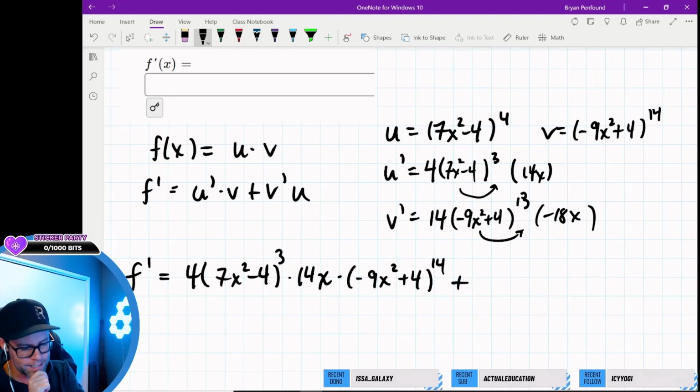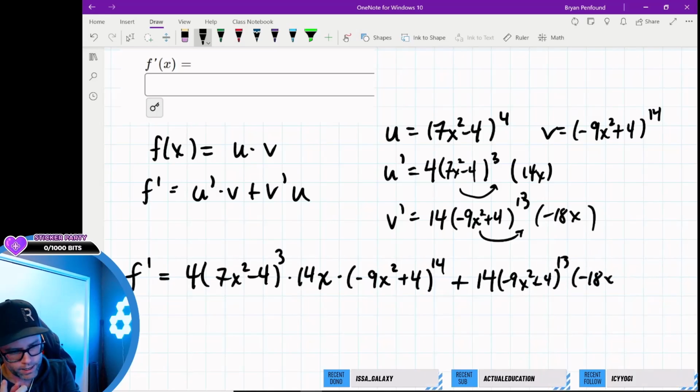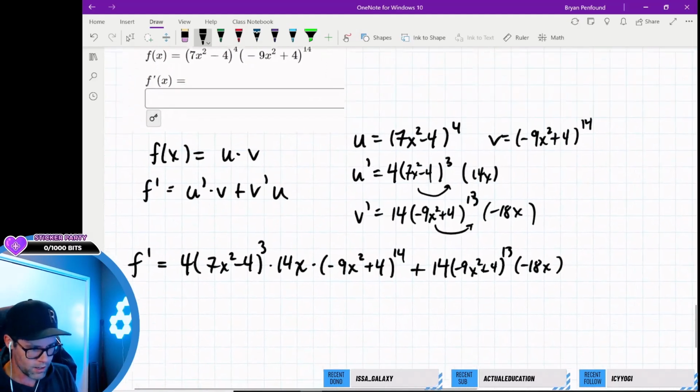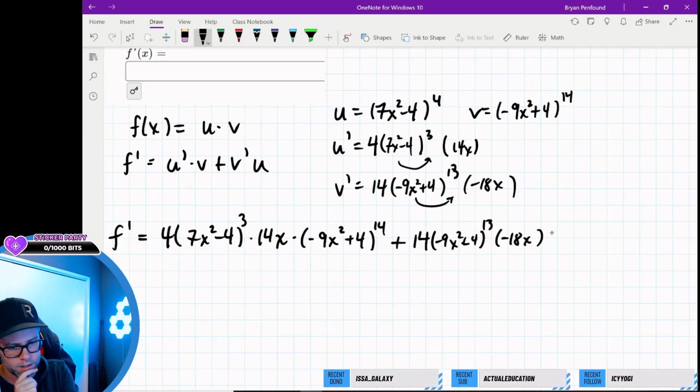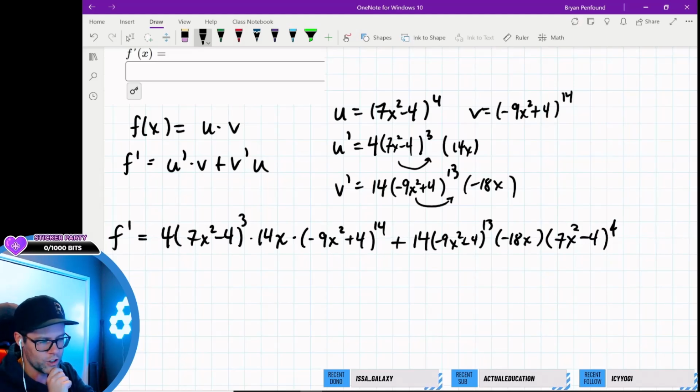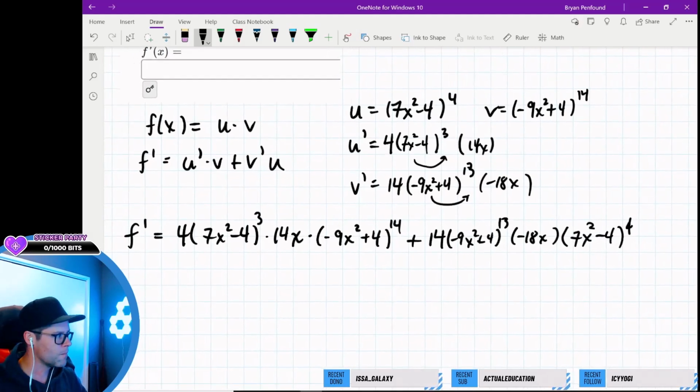Then we need to add to that v prime, which is 14, a bunch of stuff, to the 13 times negative 18x, and then multiply that by u. So this is going to be a really, really messy final answer. I will highly recommend not to multiply this out and simplify, and leave it just like that.